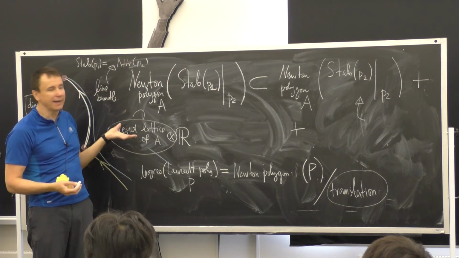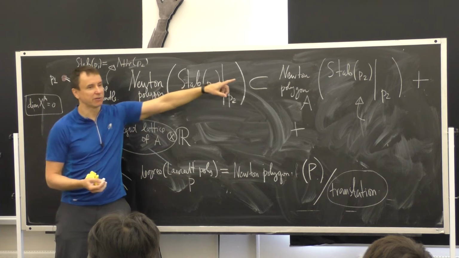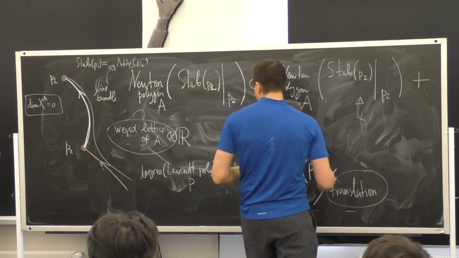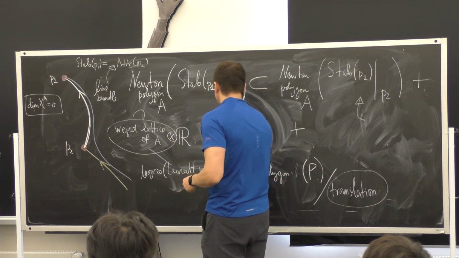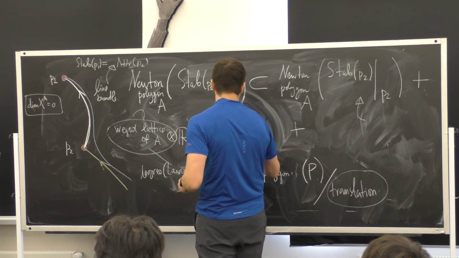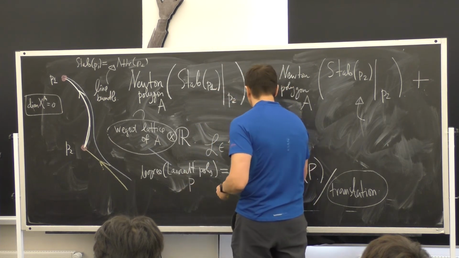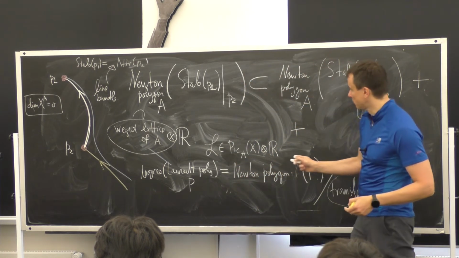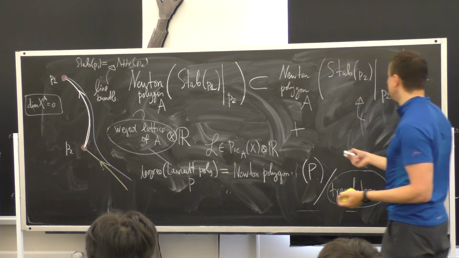We need some weight that canonically depends on the pair of points. The way to do it is you choose an arbitrary line bundle L in Pic_A of X, tensor R. People call it the rational line bundle, or in this case an R-line bundle.